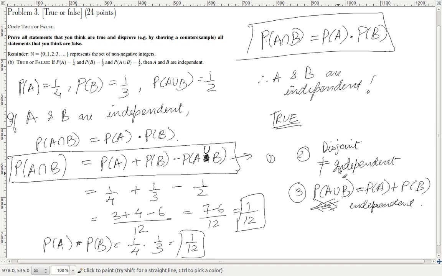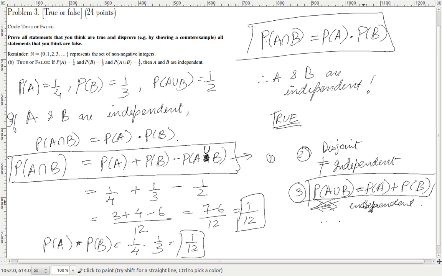This stems from error 2, where people thought that disjoint and independent were the same thing. If A and B are disjoint, then this happens. But disjoint and independent are not even close to being the same thing. Therefore, this does not show independence. So these were the three common mistakes people made in part B, and I just wanted to point those out.